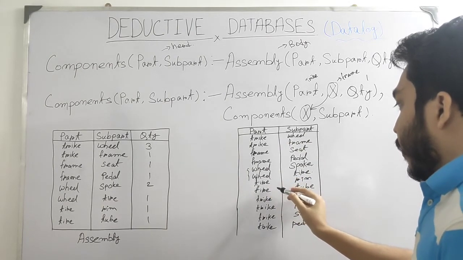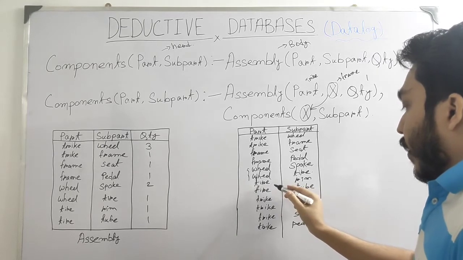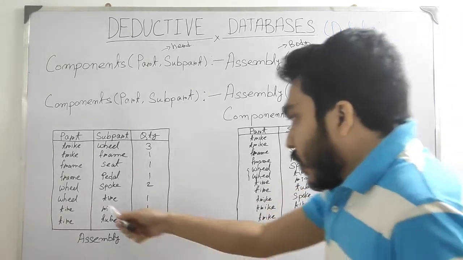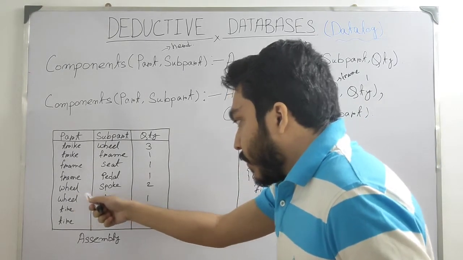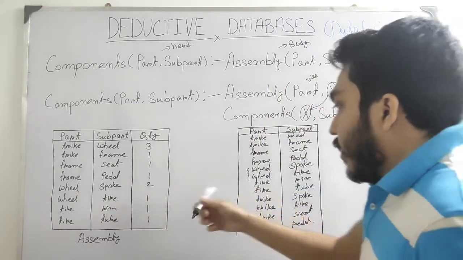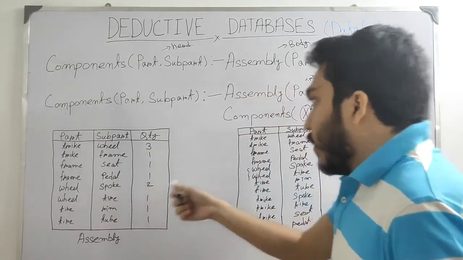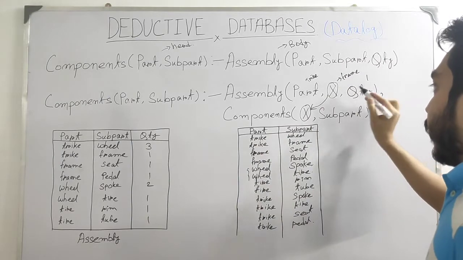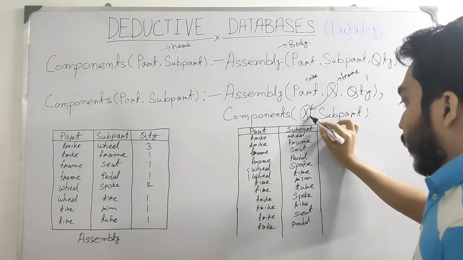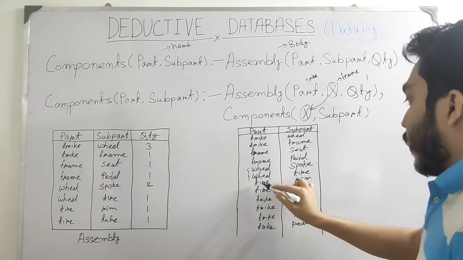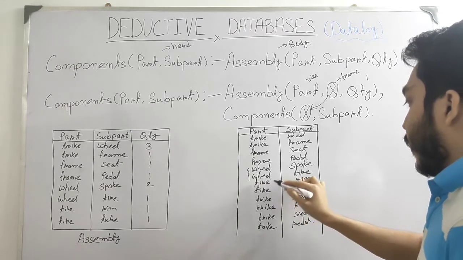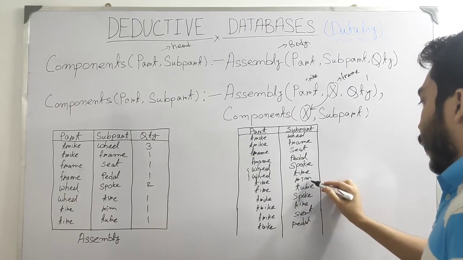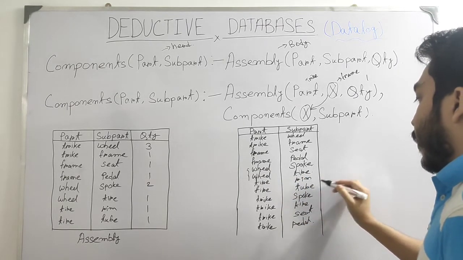We got tire. So what will I write? I will write wheel, because what do I get here? I get wheel, tire, 1. So wheel, tire, 1. Tire will be a part, and for this tire I have subparts, rim and tube.